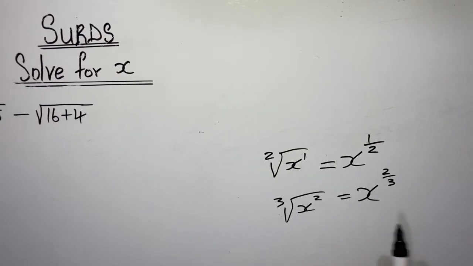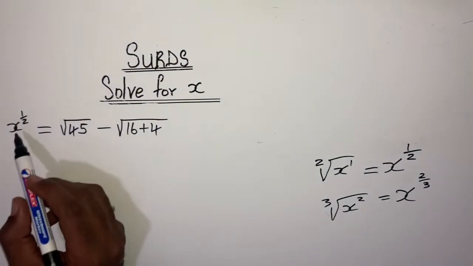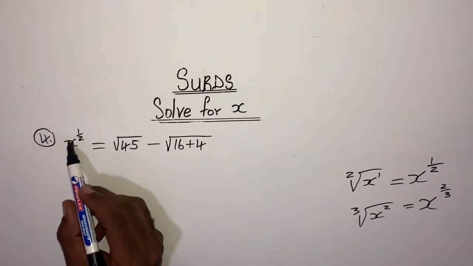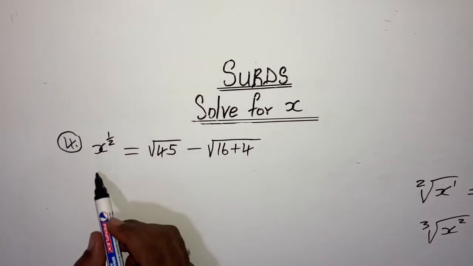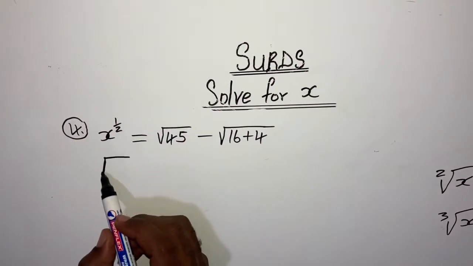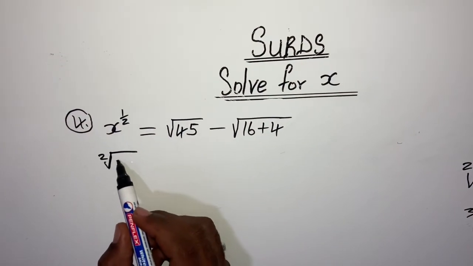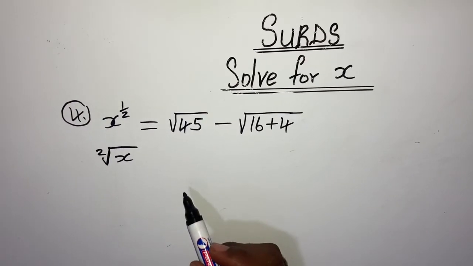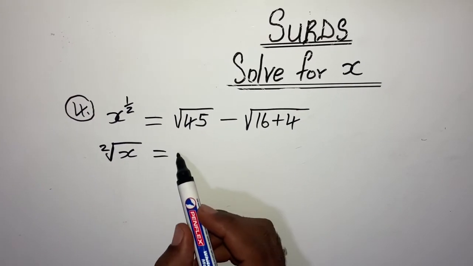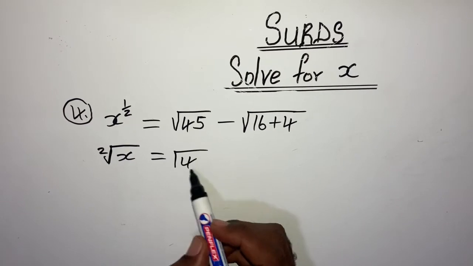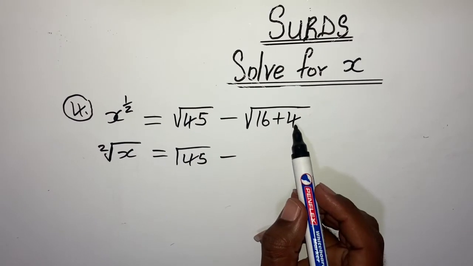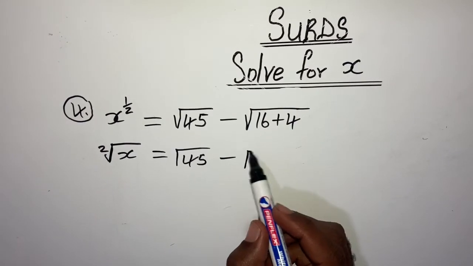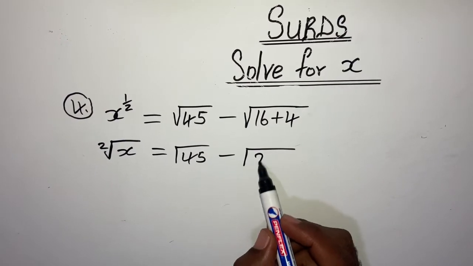Therefore, we go back to our sum. We are saying that x to the exponent 1 over 2 is the same as root of x. Then we go on to fix that as well, which is our 16 plus 4, which gives us a 20.